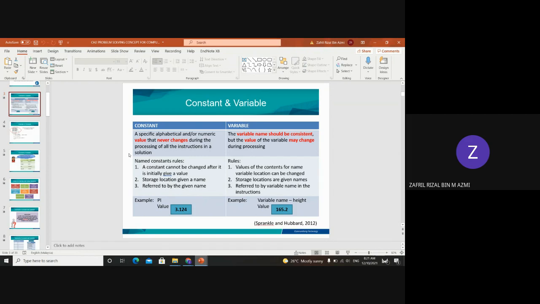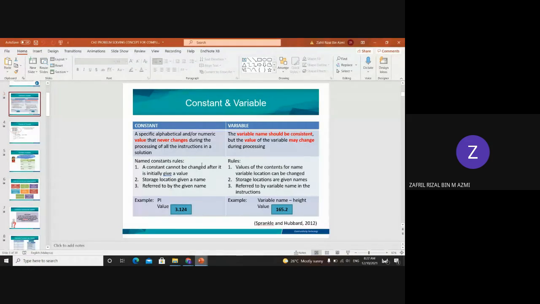Meaning that from the start of the program, if my salary is 1,000 and you define the salary as a constant, then at the end of the program the salary value is also 1,000. You cannot change the value of the salary since you already declared salary as a constant variable.